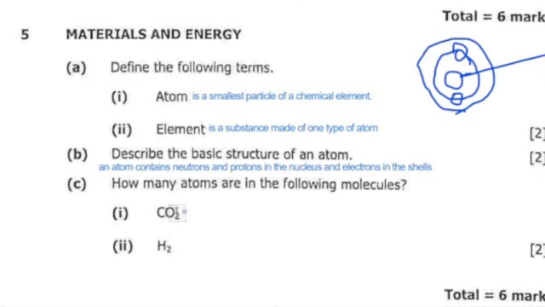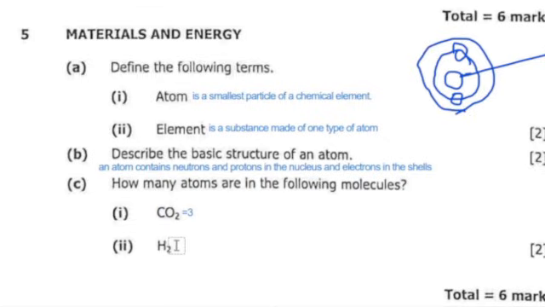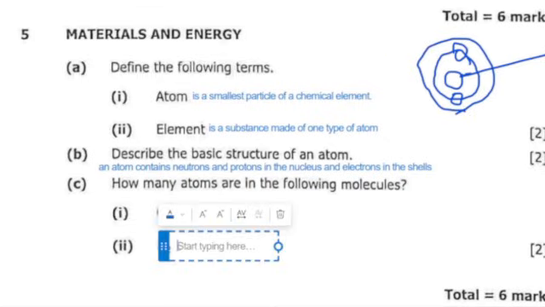Carbon reacts with oxygen. So there are two atoms of oxygen and 1 atom of carbon, so together they are 3 atoms. Here we come to this one, hydrogen gas.